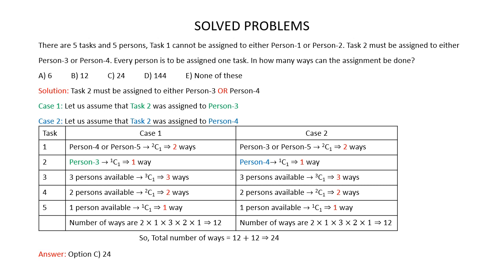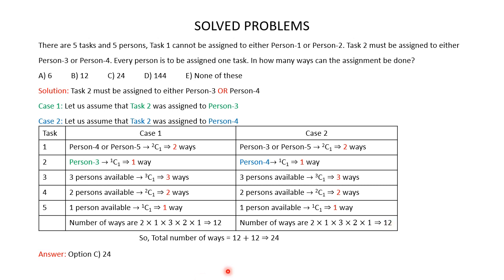Similarly, for task 4, only 2 persons are available, and one person has to be selected out of these 2 persons for task 4, and this can be done in 2C1 ways, which is nothing but 2 ways. And finally, there's only one person available for task 5, and he can be selected only in one way. So the number of ways in case 2 is 2 multiplied by 1 multiplied by 3 multiplied by 2 multiplied by 1, which is 12.